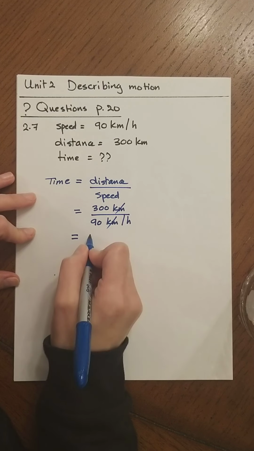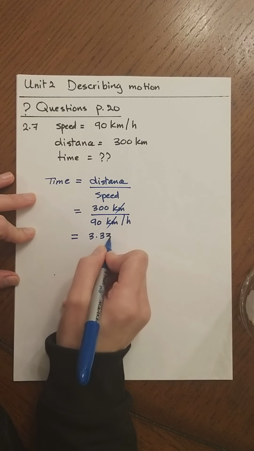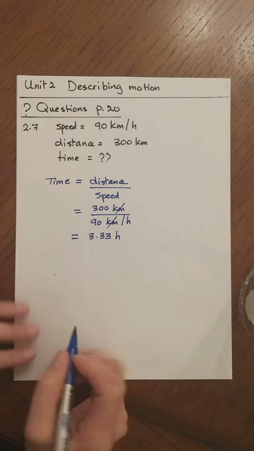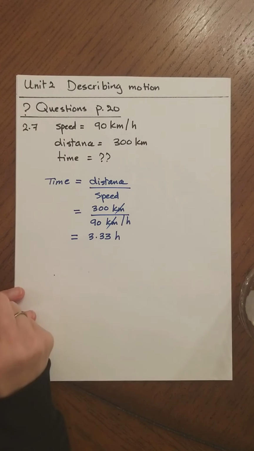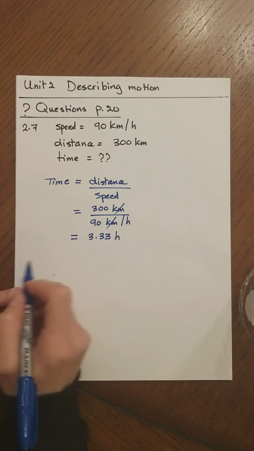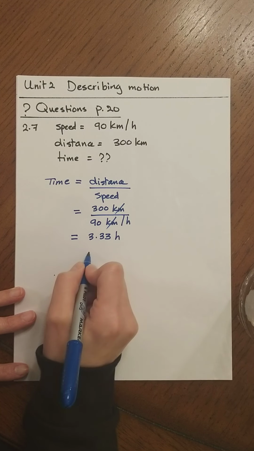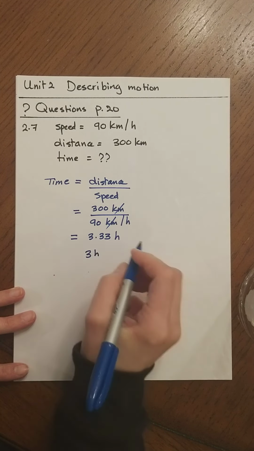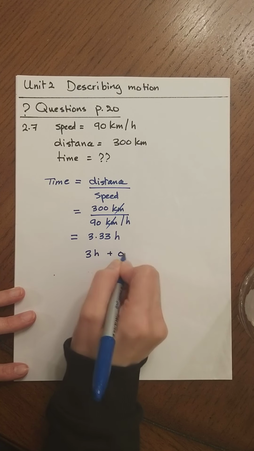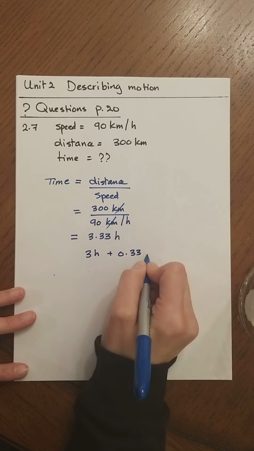The answer is 3.33 hours. How much is this in hours and minutes? So this is 3 hours and 0.33 hours. 3 hours plus 0.33 hours.